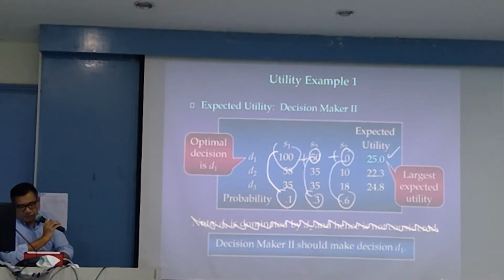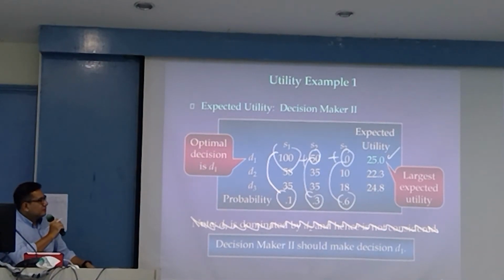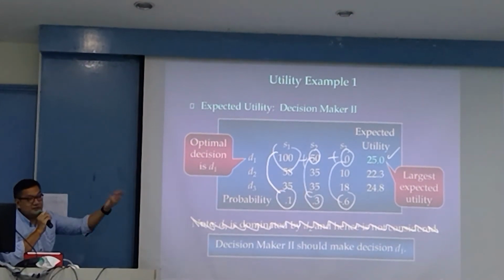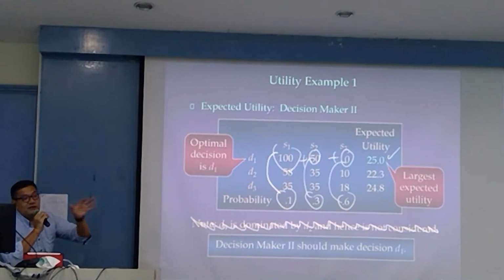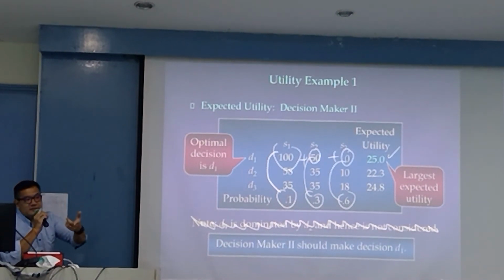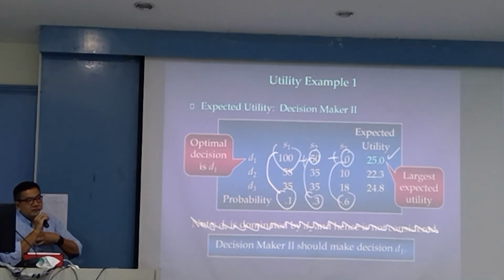Okay, so my point is that if you are risk neutral, there is no need to use the utility function. You can use the simple EMV to calculate. But if you are a risk avoider or risk averse, or a risk taker or risk seeker, it might have to change, right?